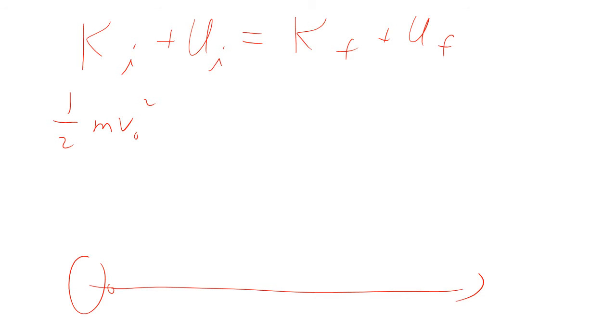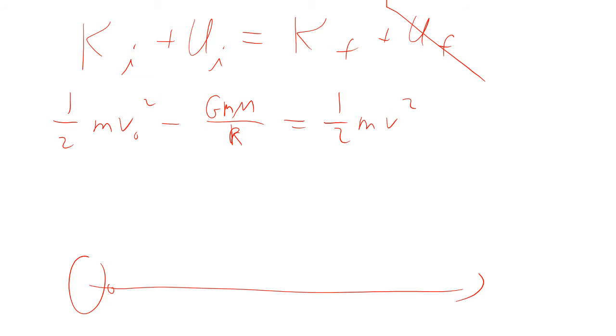We know that the initial potential energy is minus GMm over the initial r. The final potential energy is 0, and so the final kinetic energy is 1/2 m v squared.